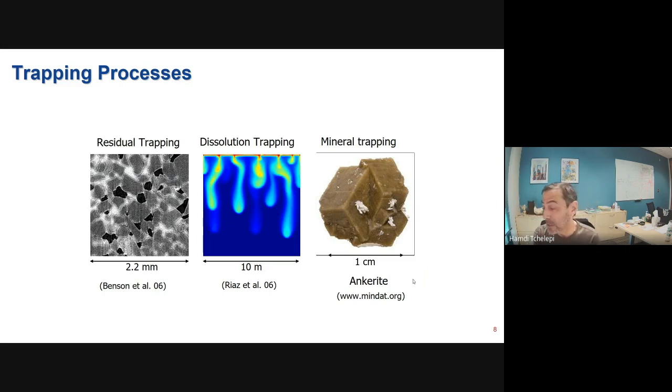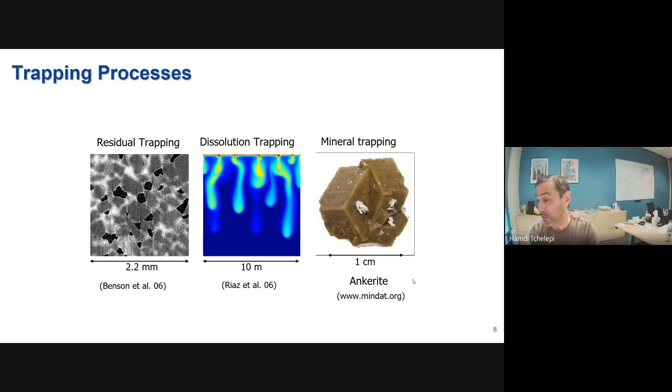The ultimate storage that everybody looks for is for the CO2 to ultimately interact with the solid surface and turn into a solid. So the geochemistry of the formation will determine the time scale for this to happen.